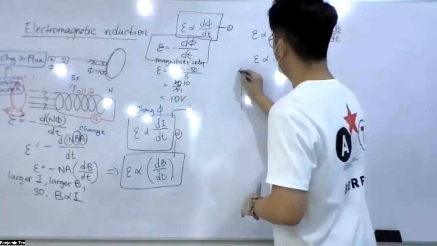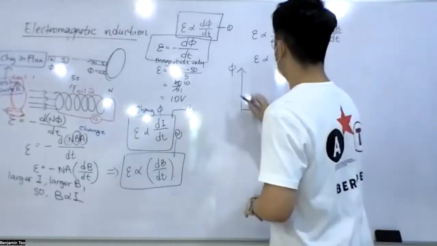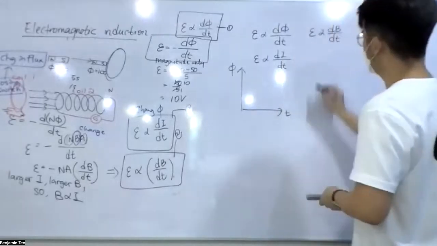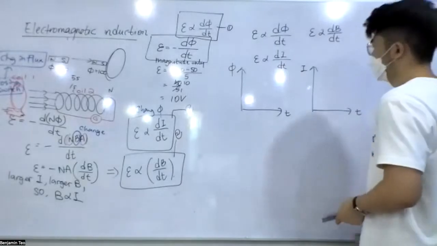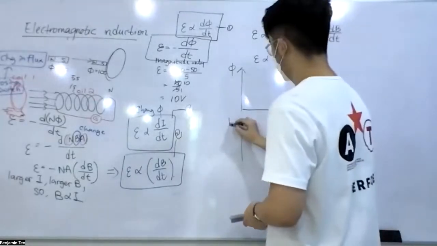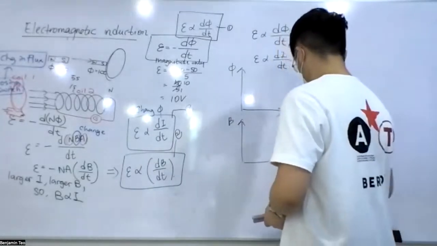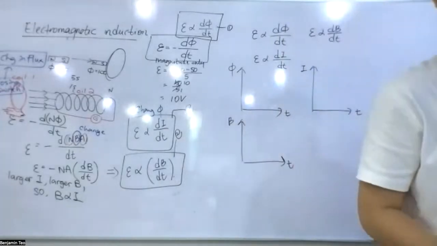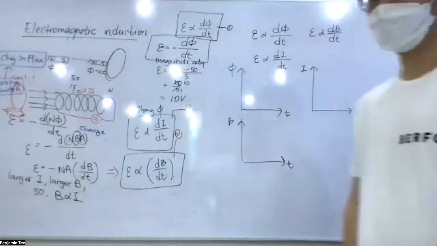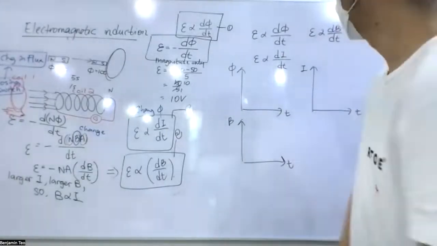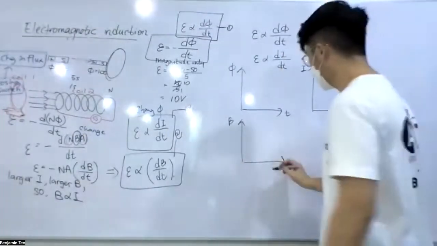So they can give you three types of graph: phi against t, that's the first one. They can give you current against t. It can also give you B against T.